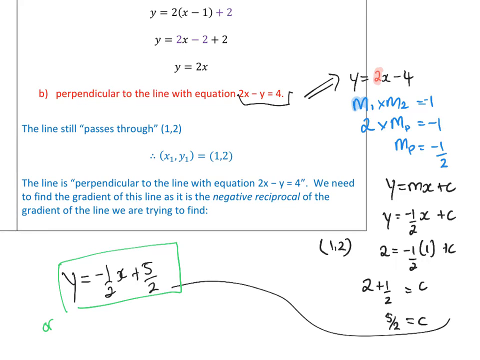To get rid of that fraction, if I times that by 2, that would get rid of it, wouldn't it? And if I times that by 2, that would get it. So if you're going to times it by something, you have to times everything by that. Otherwise, you're changing the actual values. But if I times everything by the same thing, it would be the same.